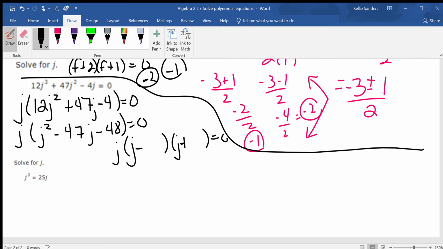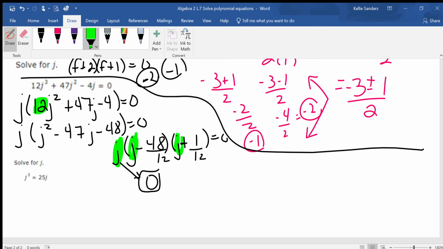Negative, positive, what multiples to get 48, subtracts to get 47, 48 and 1, but then we have to put the 12 back in. We have 3 J's, so we're going to have 3 answers. What makes this 0? 0. 48 over 12 reduces to 4. Since it's negative 4, it's going to be positive 4. 1 over 12 does not reduce since it's positive. Our answer is going to be negative.